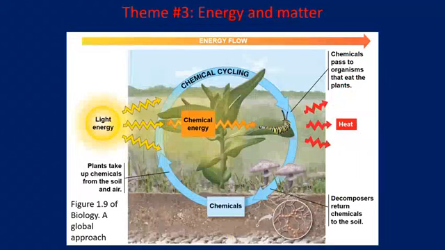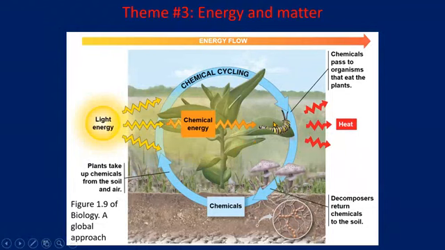Then the next theme is basically energy and matter. In this particular example, there is a plant, and the plant absorbs solar energy, and after absorbing solar energy, it converts that light energy into chemical energy that gets stored.